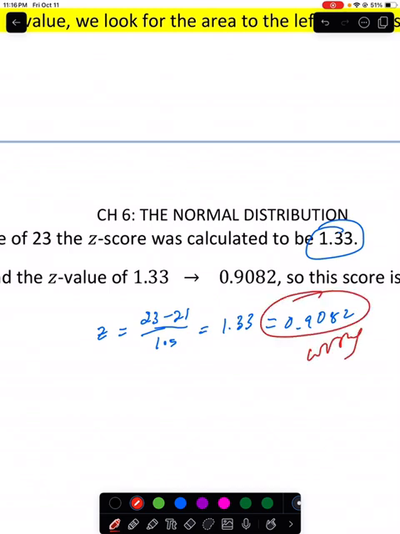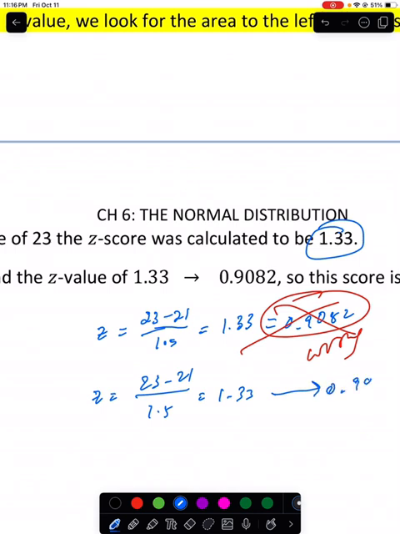You don't say that. What you should do instead, so you have the score calculated, you can put an arrow and say this gives us 0.9082.